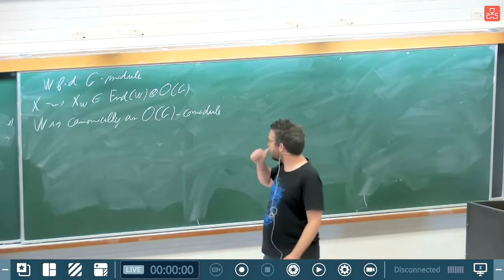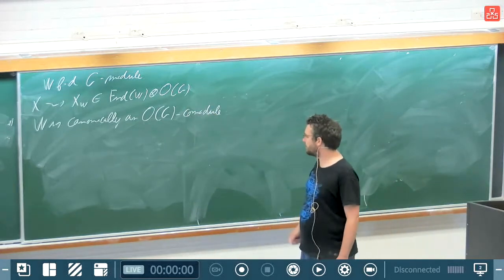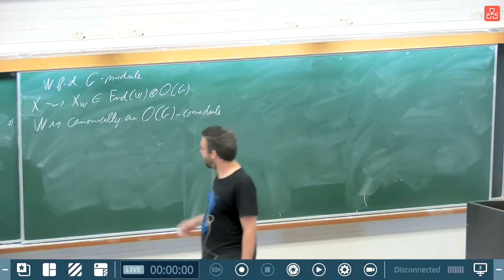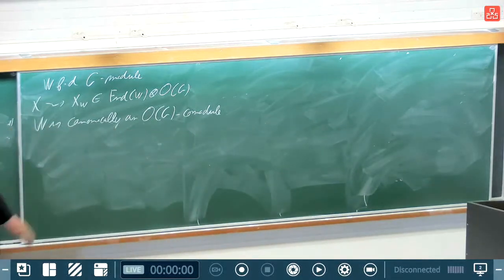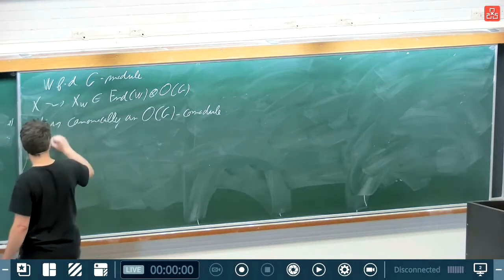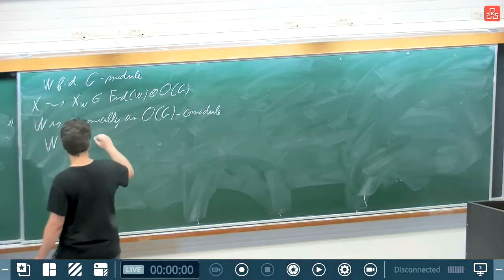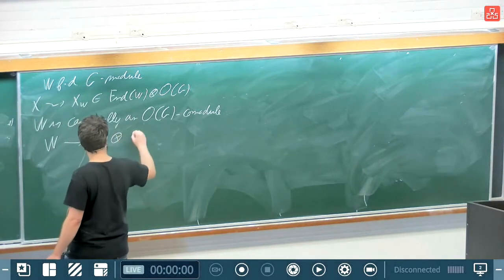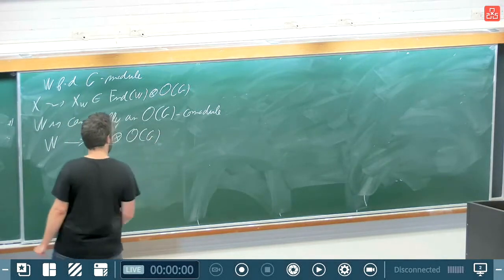Again, it's important that it's finite dimensional for this to be well defined. I will give you a better description of this comodule structure later. But now the idea is that you have a map from W to W tensor O(G).